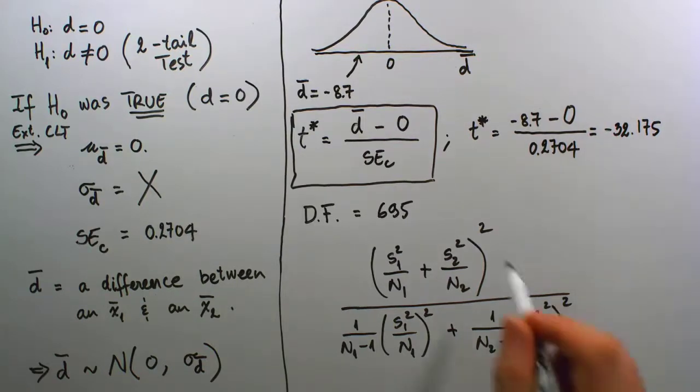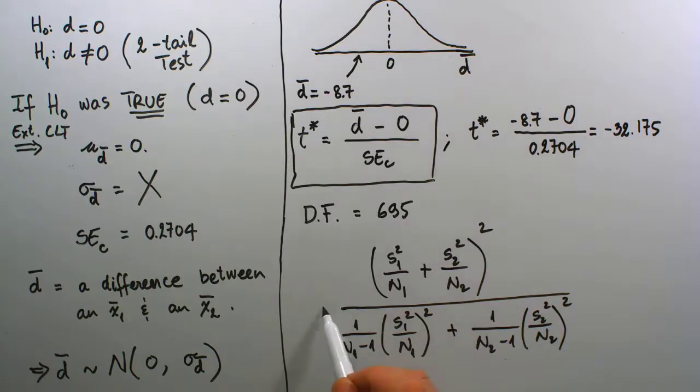So this was the formula I introduced in part A to calculate the degrees of freedom. It will take a more advanced course to understand why a formula like this is chosen.